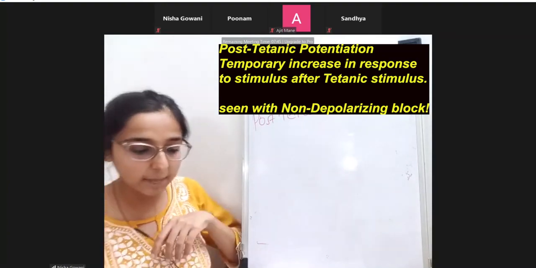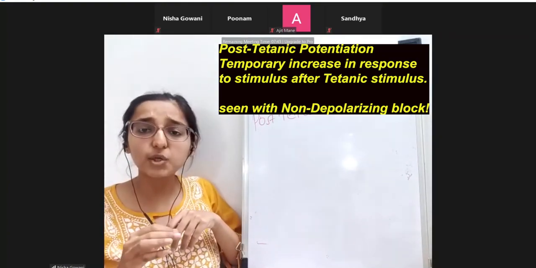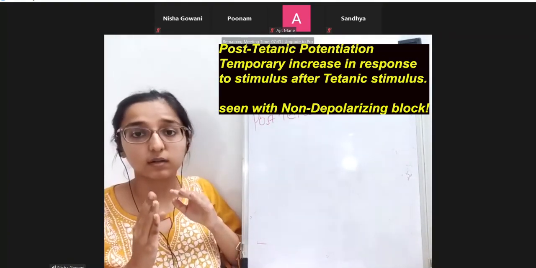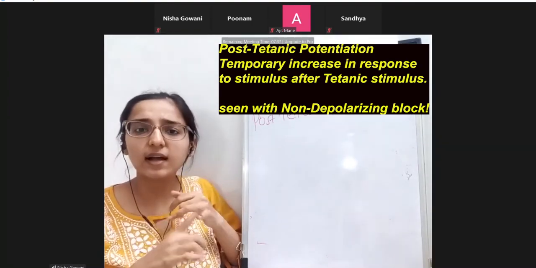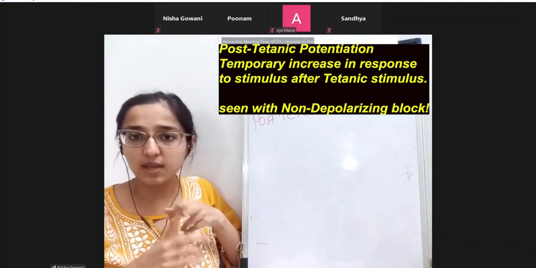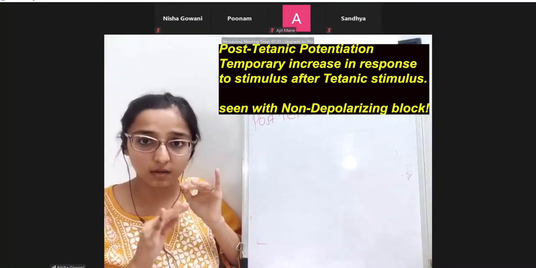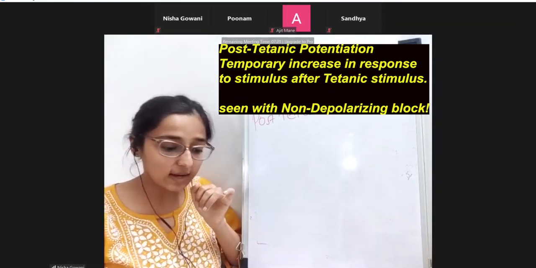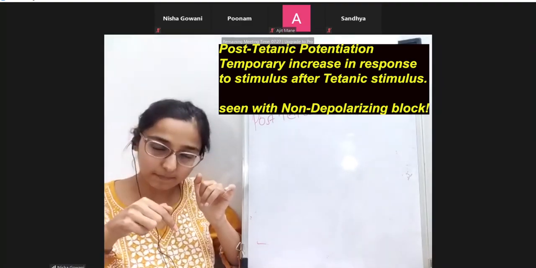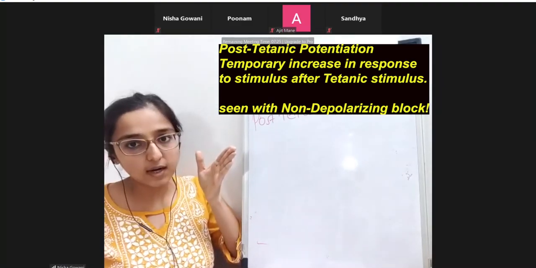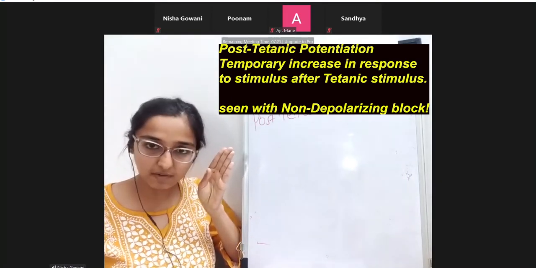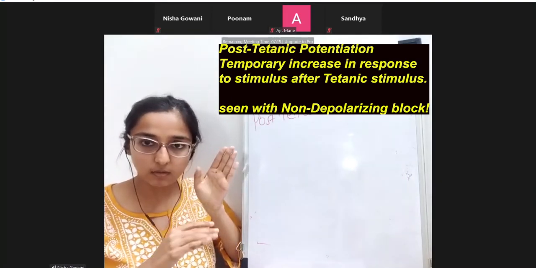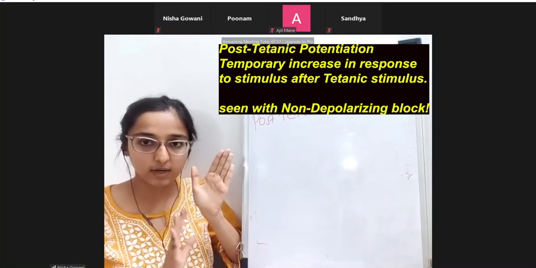So what is happening is that you have given a non-depolarizing drug, not scoline. Atracurium, rocuronium, you name it, you gave that drug, done. Then you pressed the tetanus button. Then 50 hertz current went for 5 seconds and this is the response that you got. After 5 seconds, the current stopped. It went back to relaxed mode.